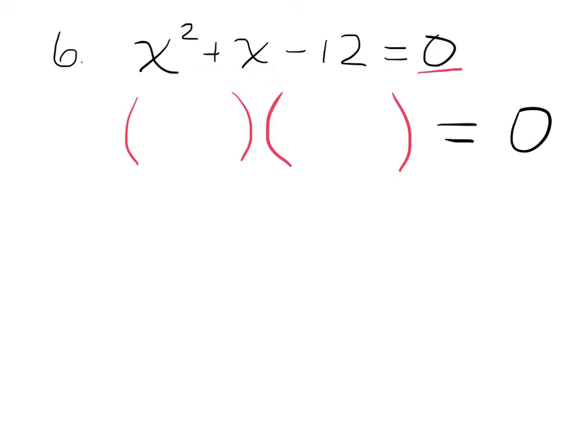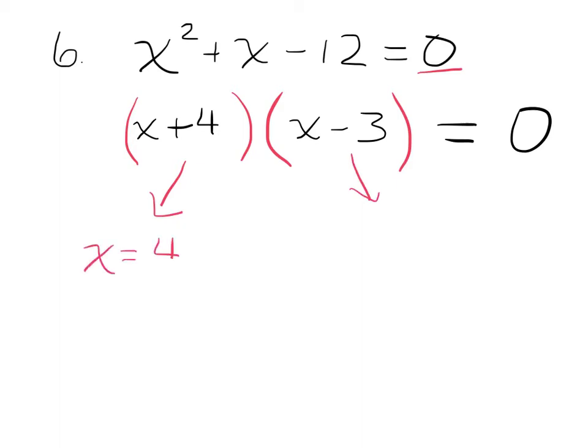So when I work through that factoring, I end up with x plus 4 and x minus 3. Notice here the 4 and the negative 3 give me negative 12. And when I do the outside and inside, I end up with my middle term being a positive 1x. Okay, now set each of those equal to 0 using the zero product property.